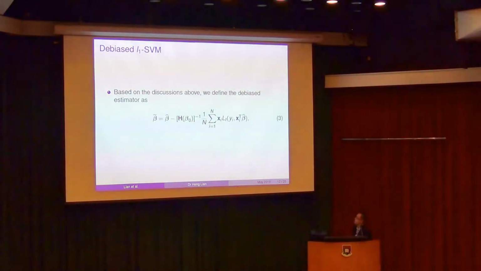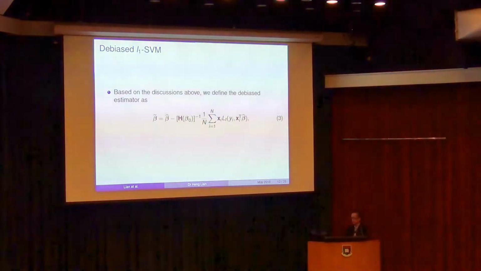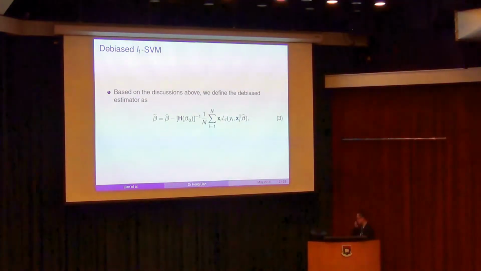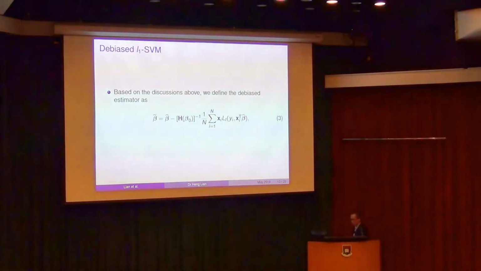Now, of course, the technical problem is that we cannot directly take the inverse of the Hessian. The Hessian is defined at beta 0, which is unknown. It's a true value. But you can estimate it by beta hat. No problem. The second problem is that the Hessian matrix is unknown.